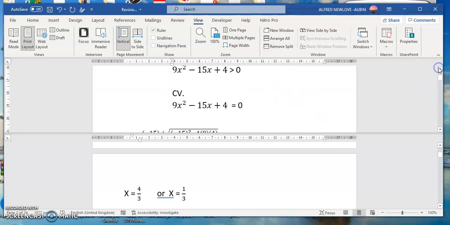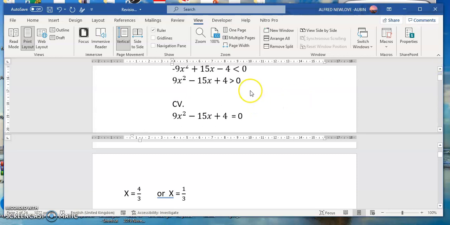If you check the question here, I'm showing you another way of answering it. There are many ways, using the graph. All right, I'm showing you another way.